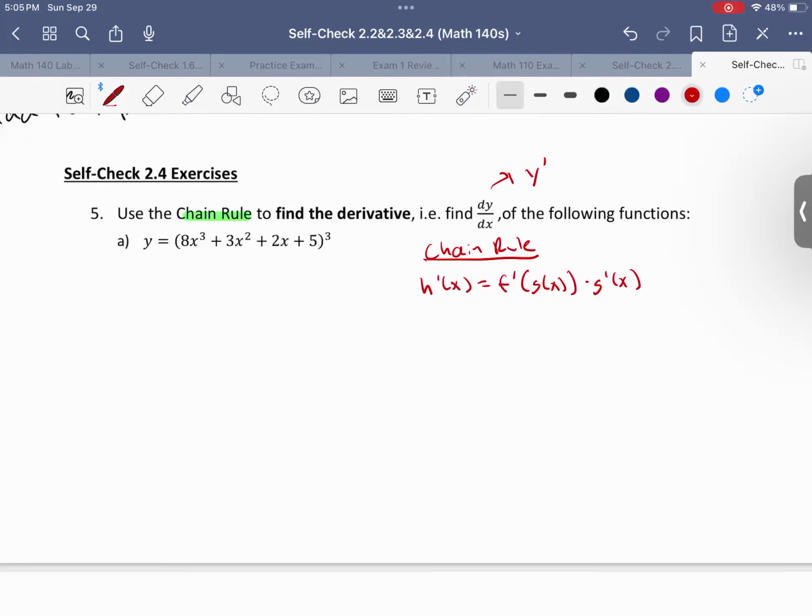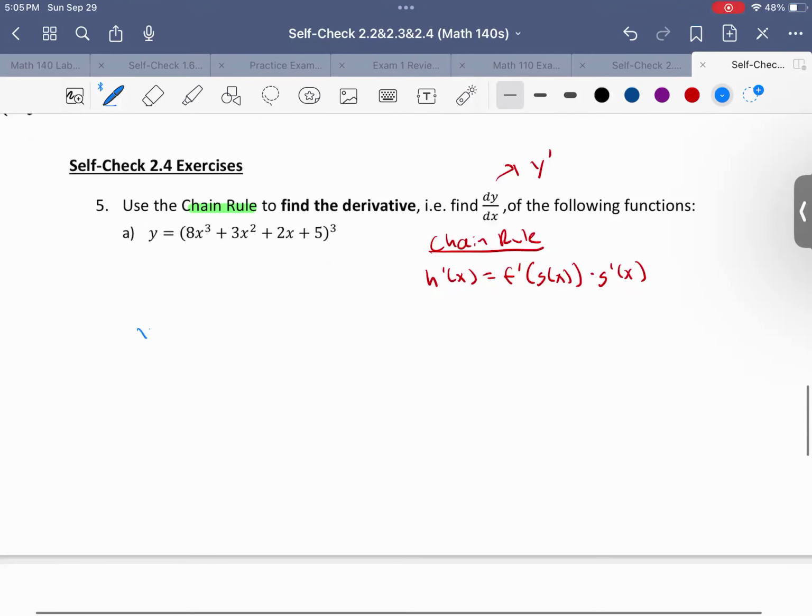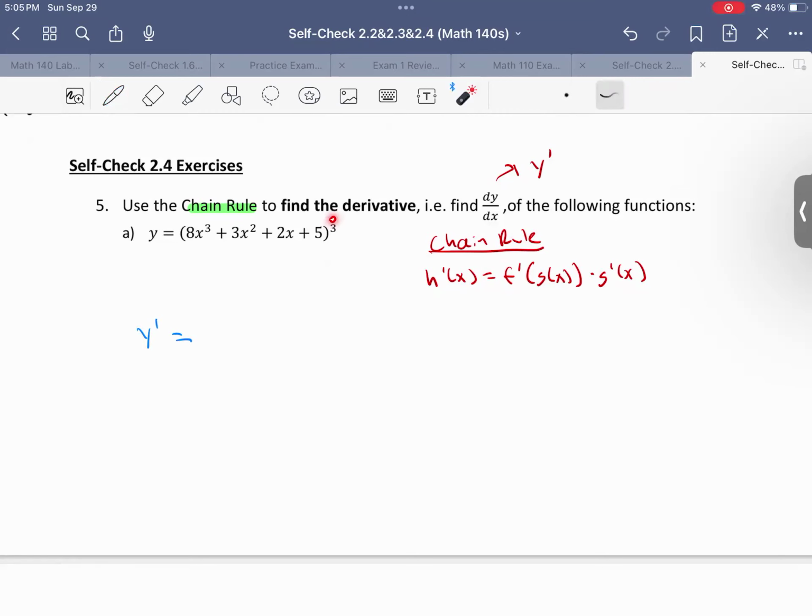So that means for this question, it becomes derivative of the outside. That means this 3 drops down like a power rule, and we subtract 1 from it. So this becomes 3 times, and the inside stays the same, 8x cubed plus 3x squared plus 2x plus 5 squared, right? 3 drops down, subtract 1.